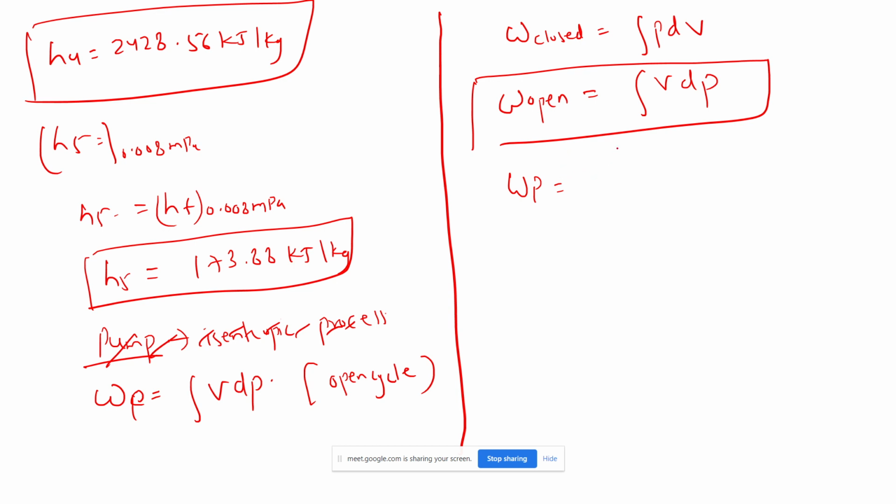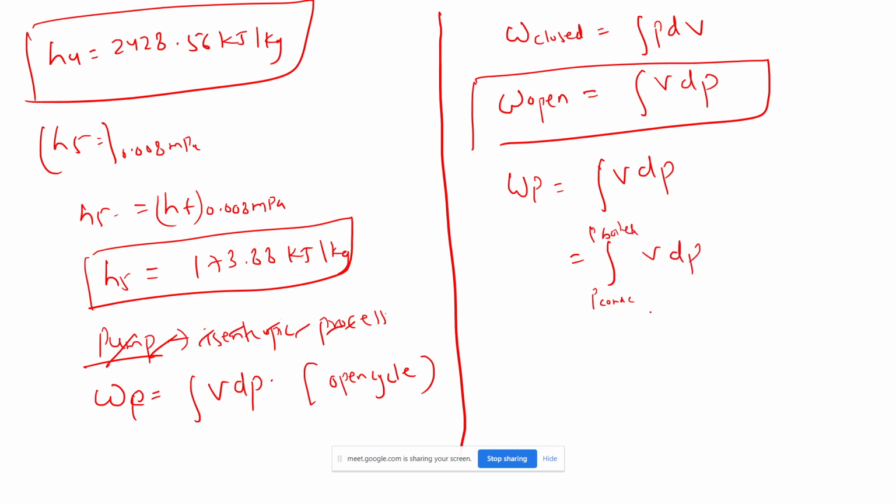So here we can write the integration of VdP from the initial pressure, the condenser pressure, to the higher pressure, the boiler pressure.